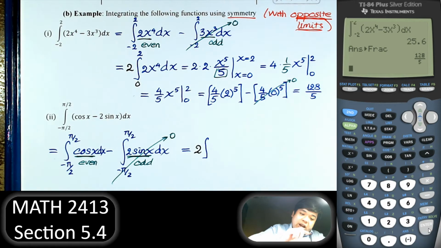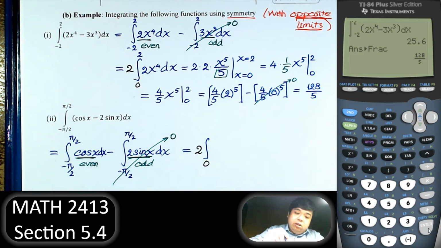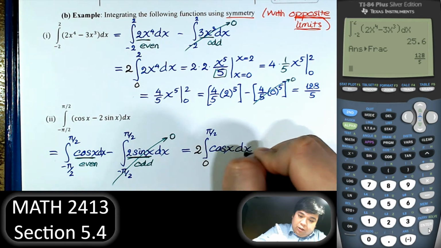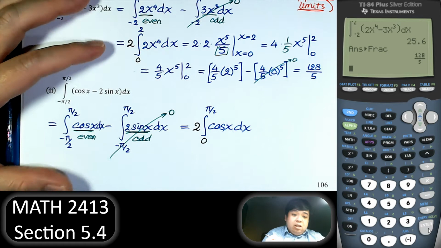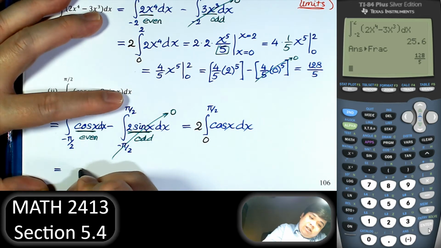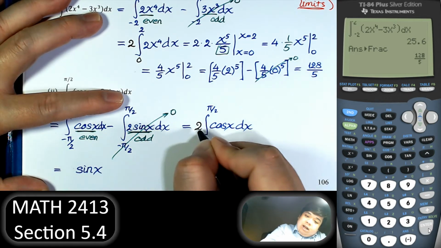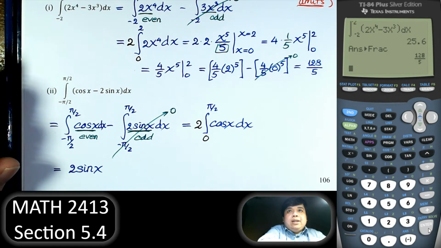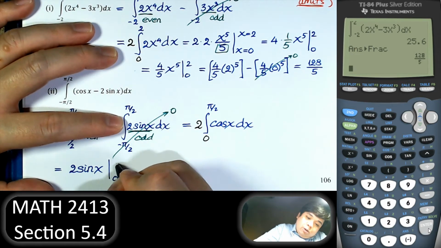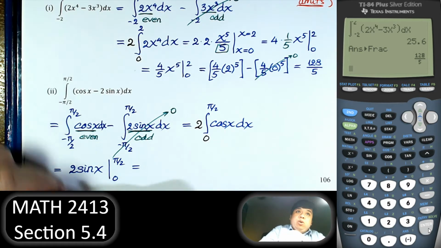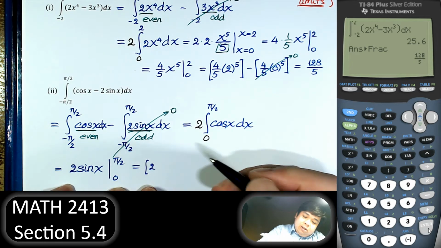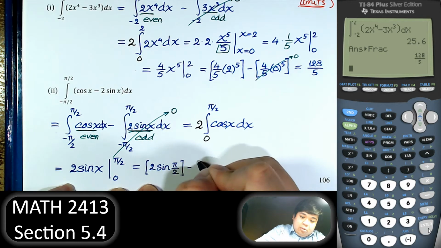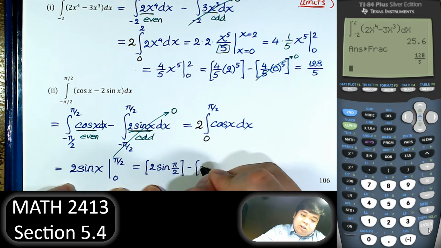Double the half, meaning go from 0 to pi over 2. The integral of cosine is a positive sine, and there's a 2 in front of it, going from 0 to pi over 2. Put in the upper limit, subtract where we put in the lower limit.